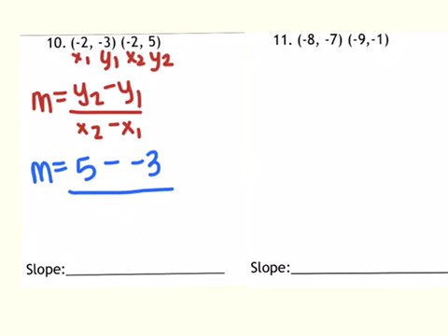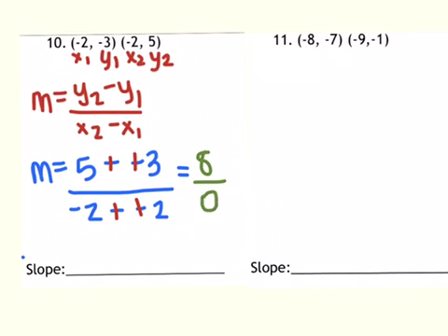All over x2, which is negative 2, minus x1, which is negative 2. So then looking at this, we know that two negative signs next to each other equal positive signs, both of them. So 5 plus 3 is 8, and then negative 2 plus 2 is 0.